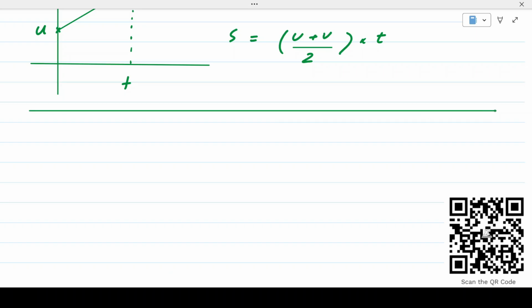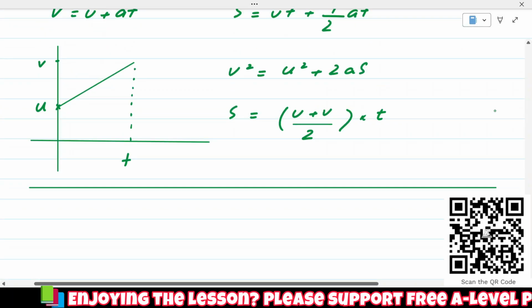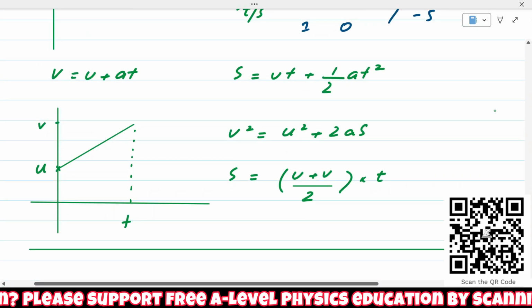So these equations of motion can be used to find any of the quantities, for example, the displacement of a vehicle after this much time. Which one of these equations will be used depends on the data.